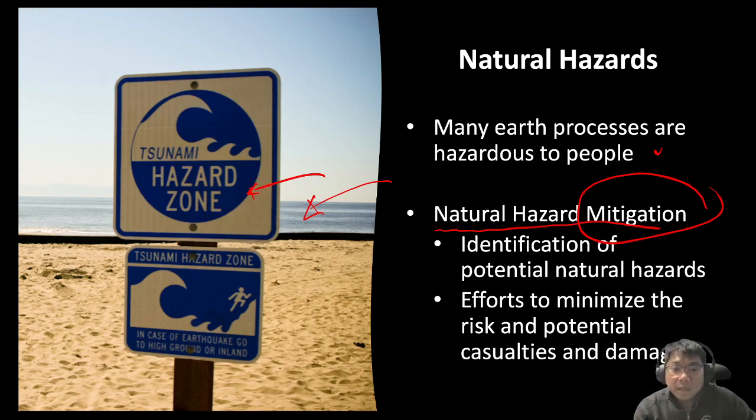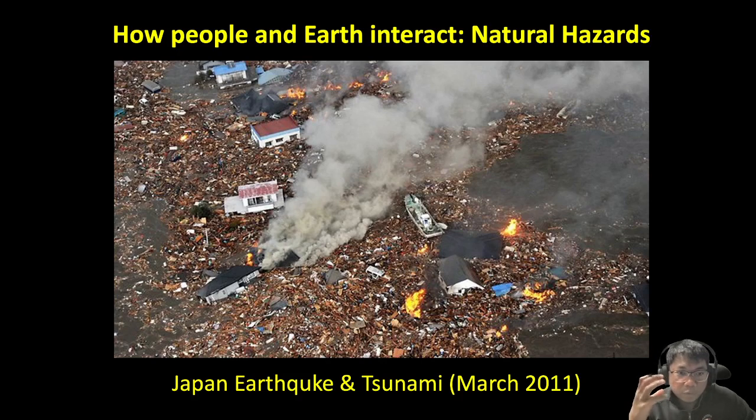Okay, and there should be people who think about how to mitigate or minimize the risk and potential damages and casualties associated with natural hazards. And this is one example of one of the most devastating natural hazards in human history, the Japan earthquake and tsunami that occurred in March 2011.